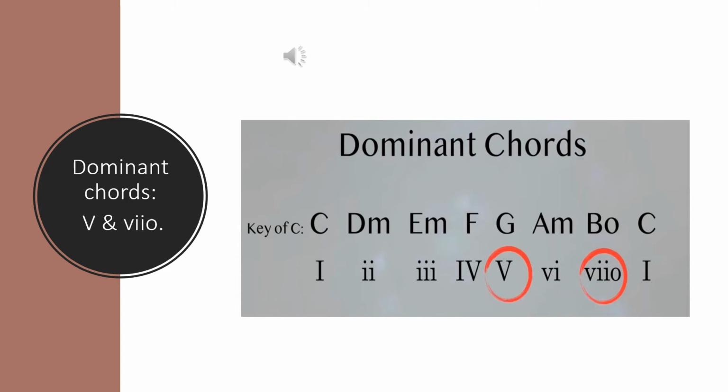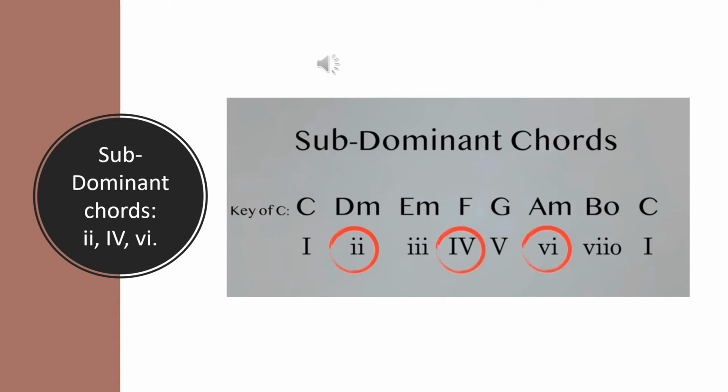It normally goes from tonic to subdominant and to dominant, and from dominant it goes back to the tonic. And the last group is the subdominant chords. It's like everything else, so it includes the 2, the 4, and the 6.